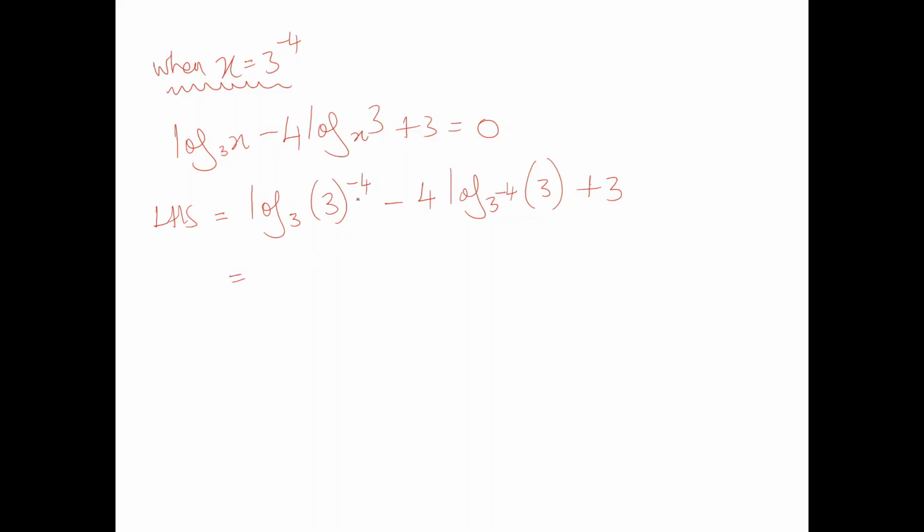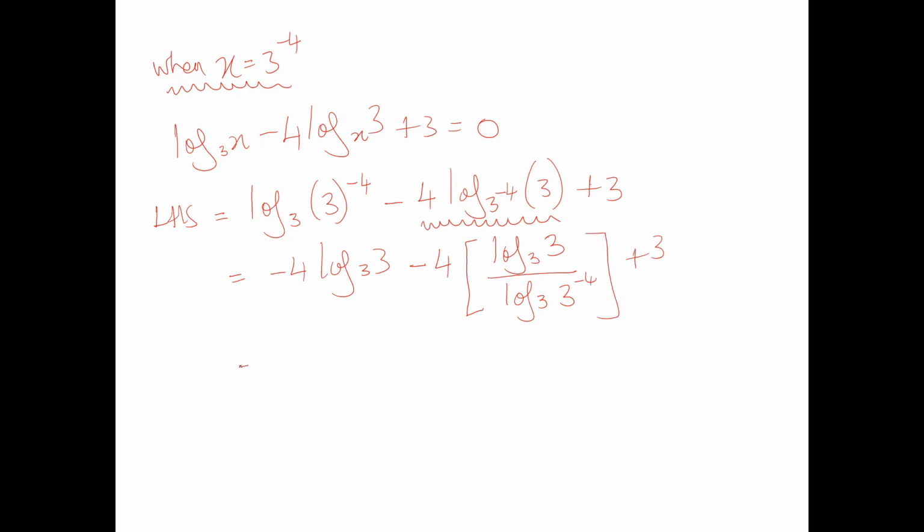So you can bring this one to the front, negative 4 log 3 base 3, and for this one we have to change the base, so minus 4, put everything in the bracket, so log 3 3 over log 3 of 3 to the power of negative 4, plus 3. So negative 4 times log 3 base 3 will be negative 4.